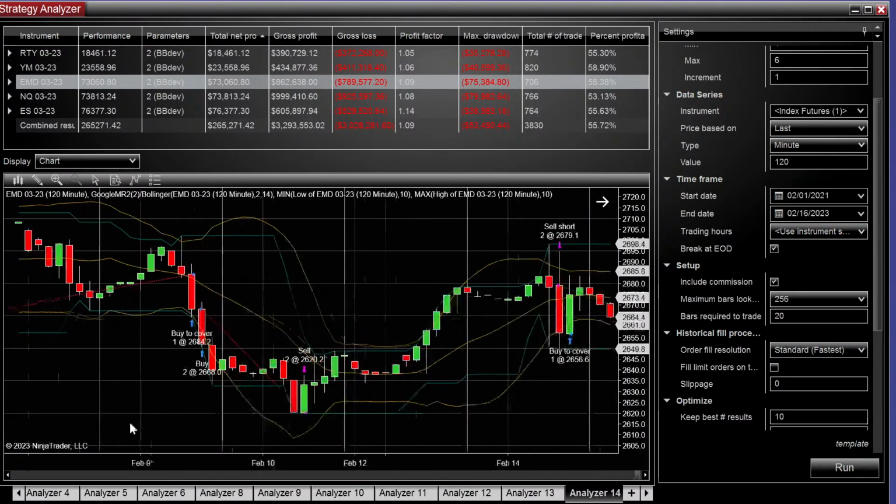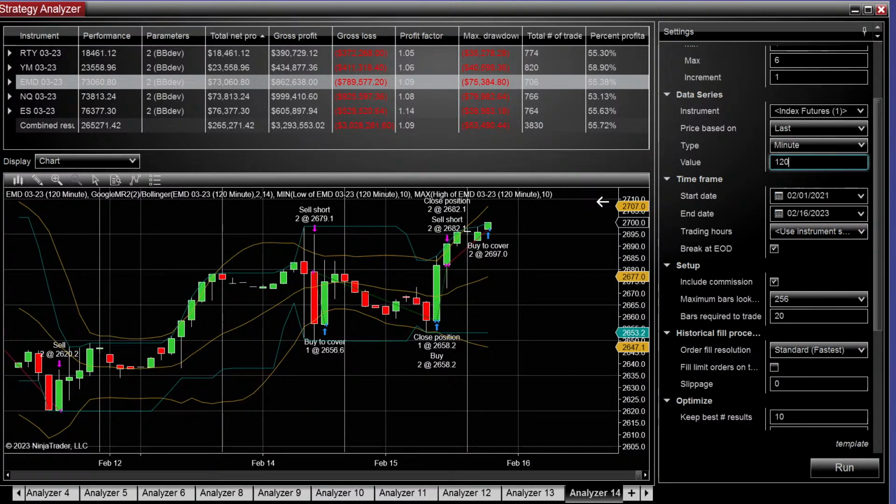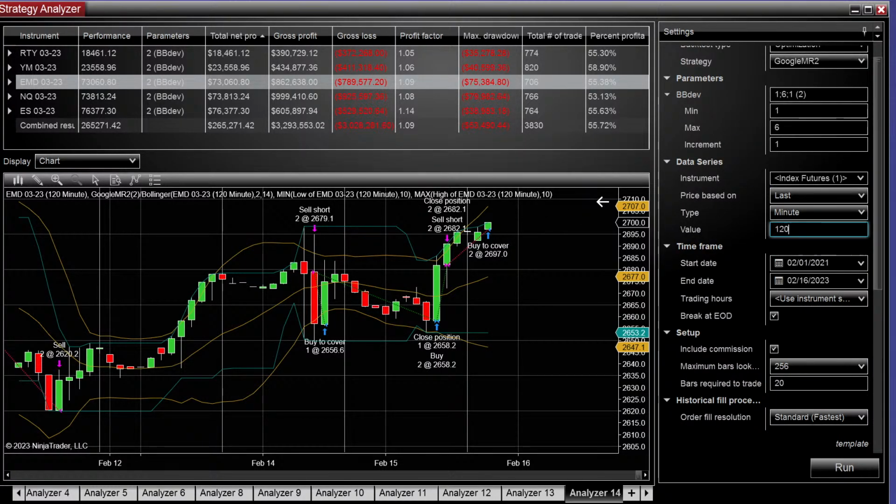I hate this strategy. I've just never liked Bollinger Bands. Like strategies that play off the Bollinger Bands, they just don't do good.